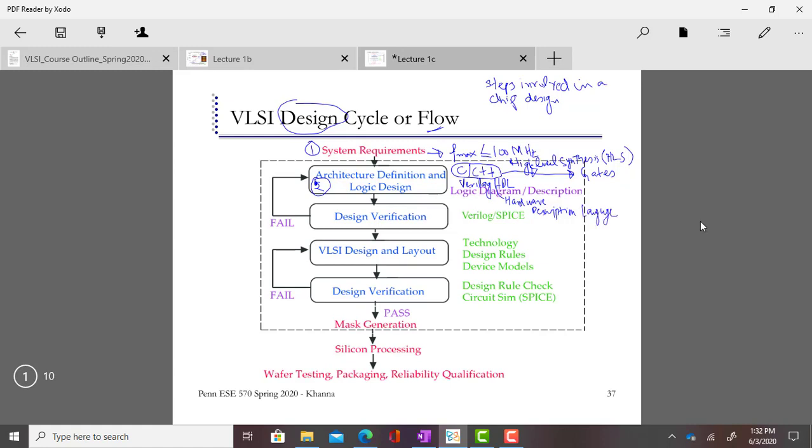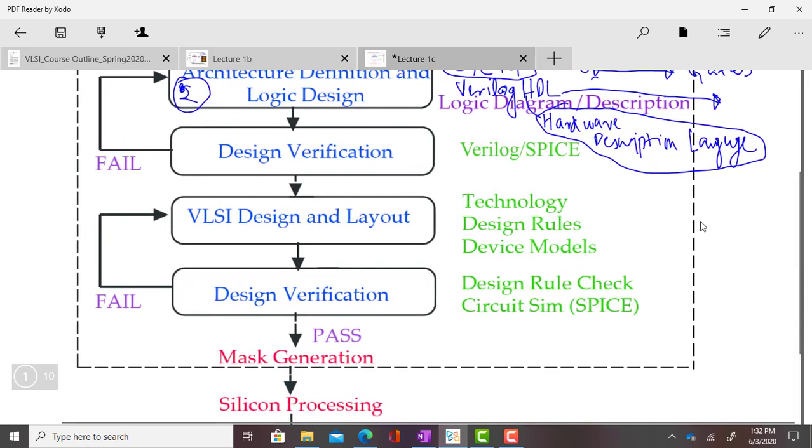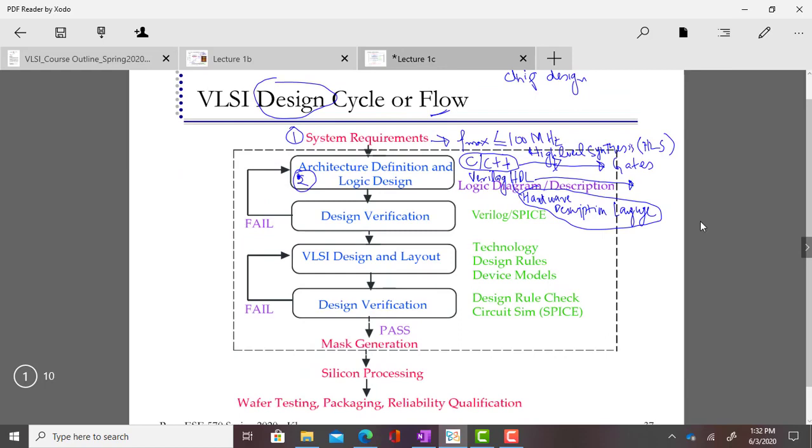So we describe our design in HDL, and then from HDL there are software tools which are called, for example, synthesizers. Synthesizer is one of those tools. This can give you gates.